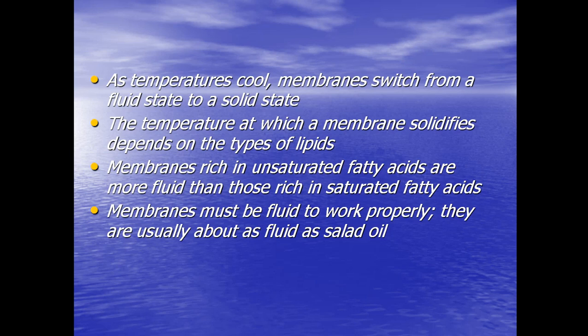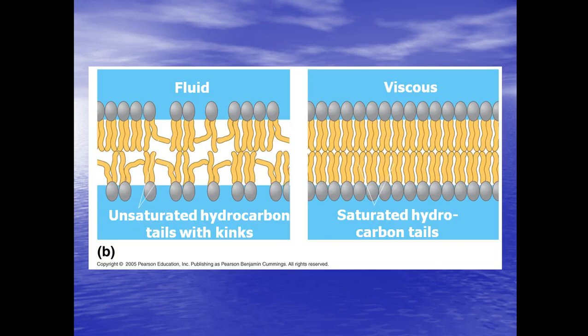But for the functioning of the membrane, it must be fluidic. If the membrane solidifies, it will not be able to achieve this selective permeability. See, in case of the unsaturated hydrocarbon tails, which kink, it becomes more fluidic.